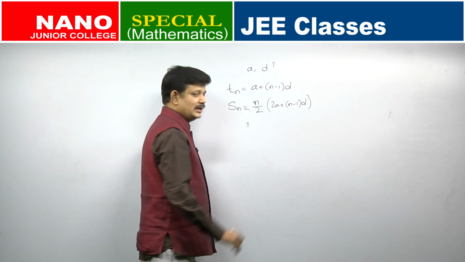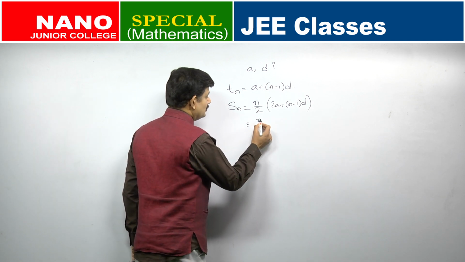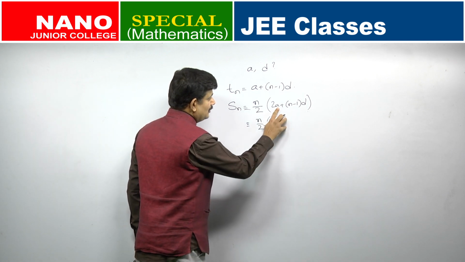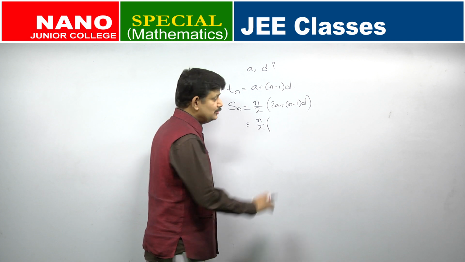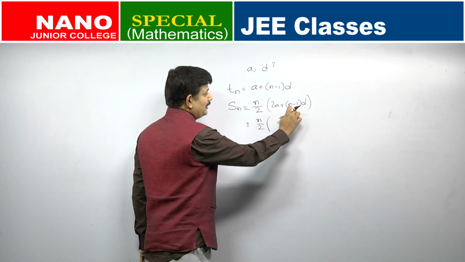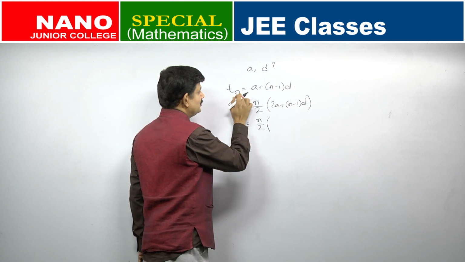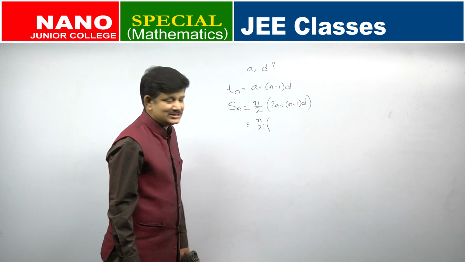This can also be written as n by 2 into a, when you separate it, what will you be left with? a plus n minus 1 into d, and a plus n minus 1 into d is the nth term or the last term.